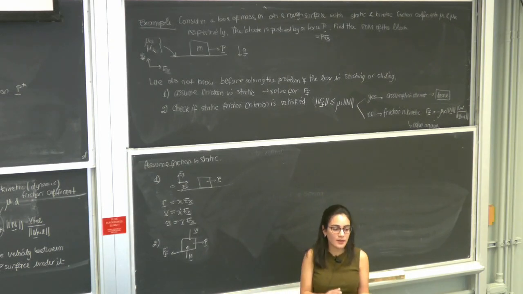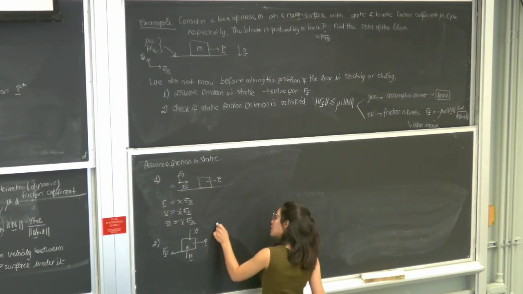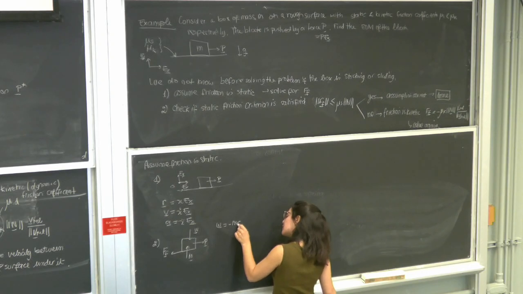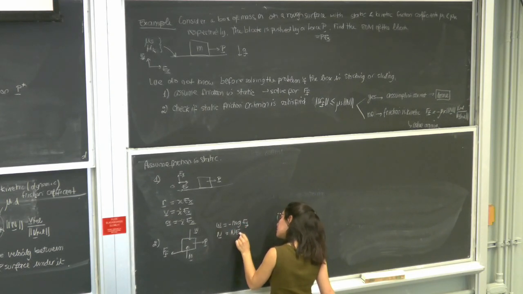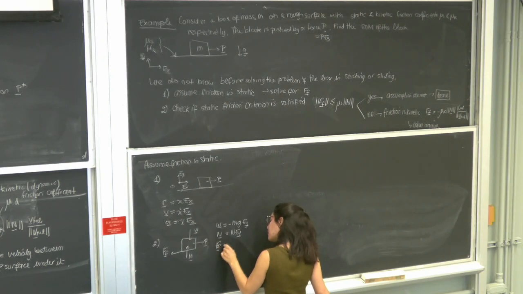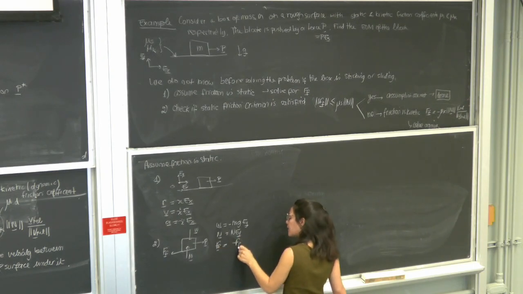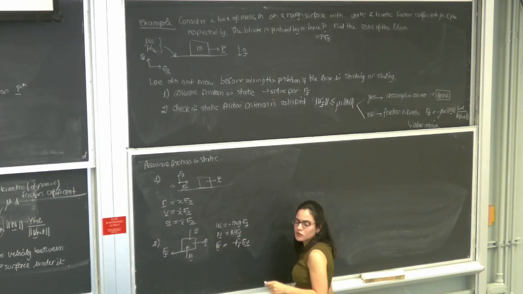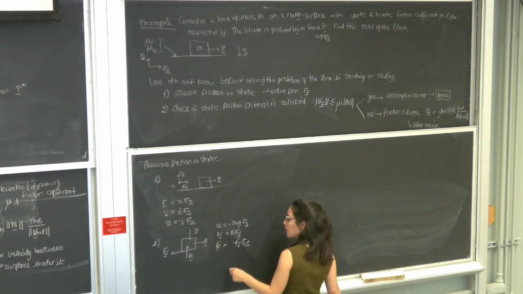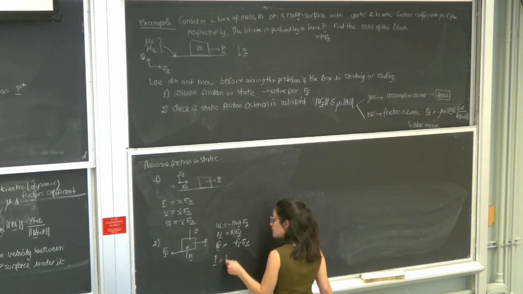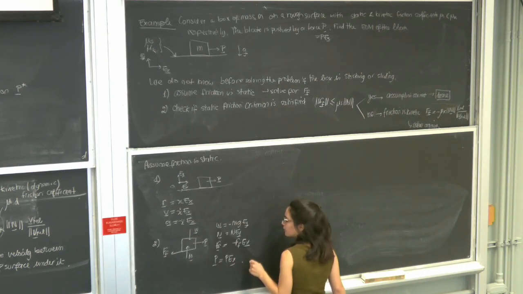I'll just say that it's some force along x. Weight is minus mg Ey, and the normal is N Ey. The friction force, here I drew it to point along minus Ex. I could have drawn it to point along Ex, I just do not know, it's an unknown force. And the P is P along Ex.